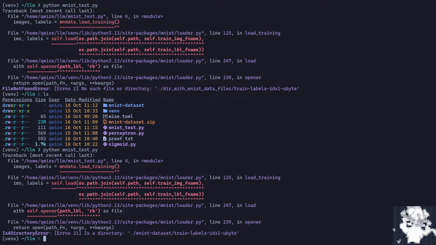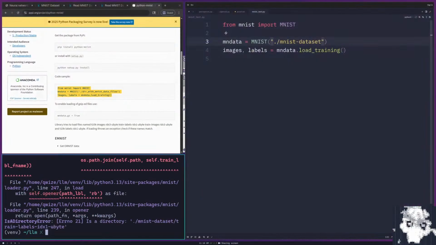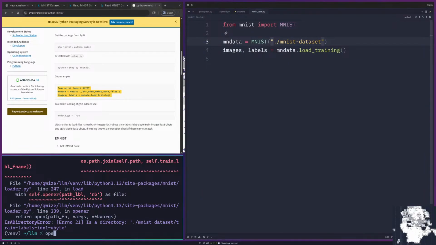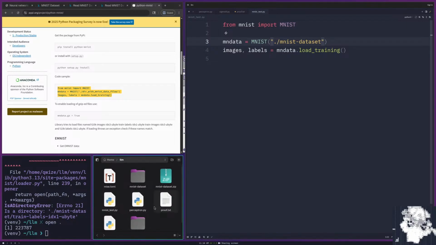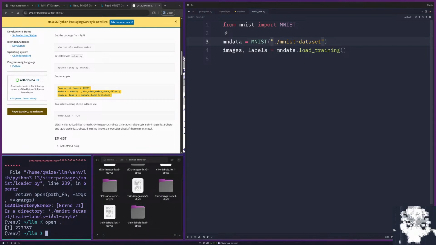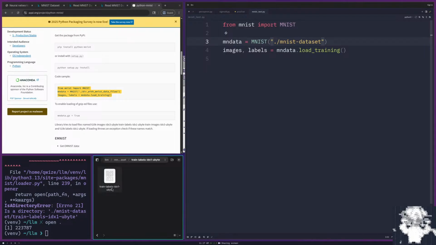MNIST dataset slash train labels idx1 dash ubyte is a directory. Well, it's also not a directory.